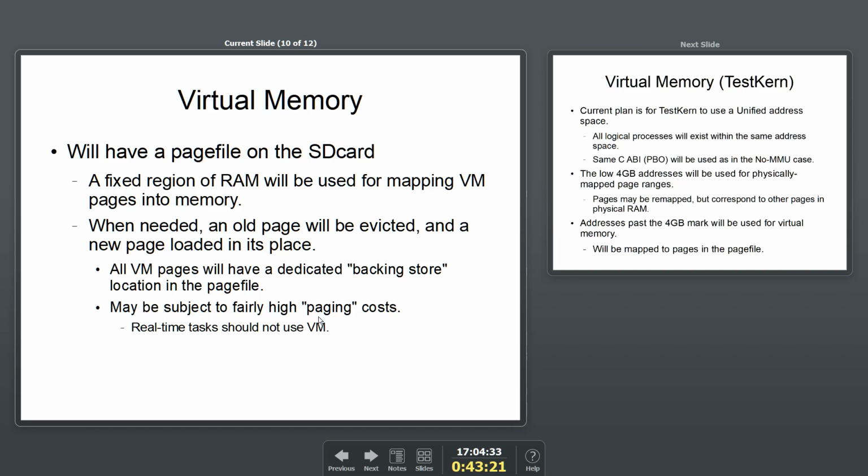But that is of course predicated on the whole premise that your real-time task cannot use virtual memory, because, well, reasons for that should be pretty obvious in this case.